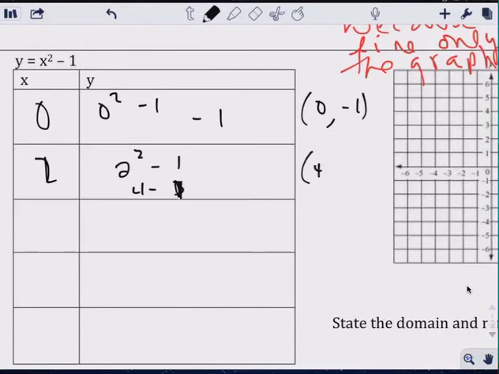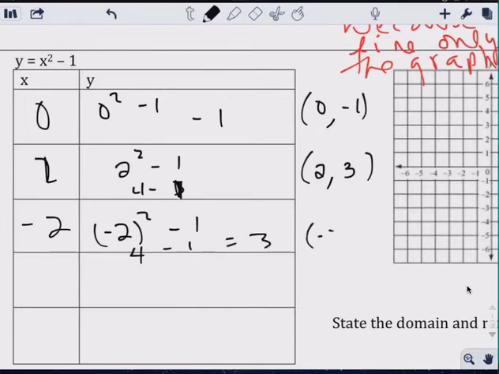So input 2, you get out 3. So 2, 3. Negative 2, remember, the opposite of each other, squared minus 1, that's also positive 4 because negative 2 times negative 2 is 4, minus 1 is also a 3. So negative 2, 3. And let's do negative 4.